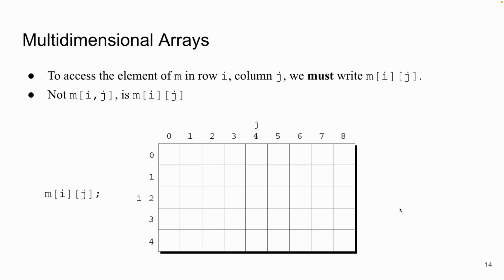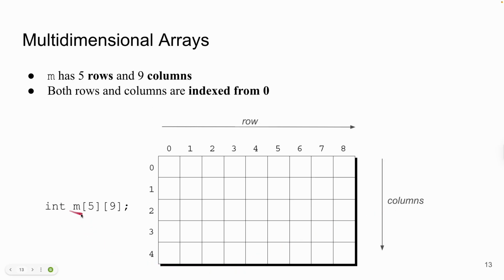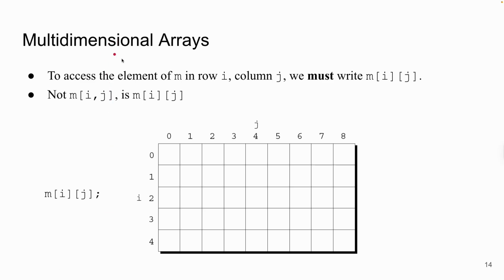Okay. So let's continue. The first number we have in the declaration is row. The second number we have is column. To access the element of n in row i and column j, we must write down this indexing format, n, i, and j, and i and j need to be put inside square brackets.